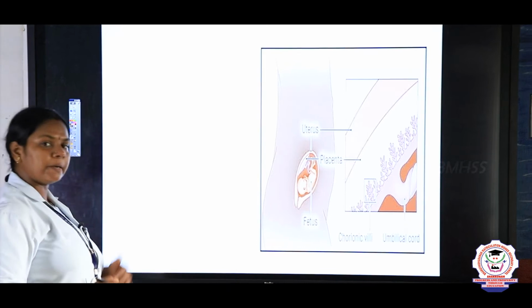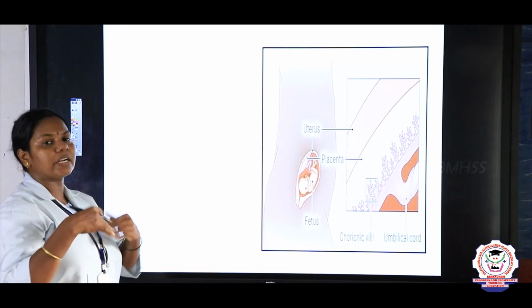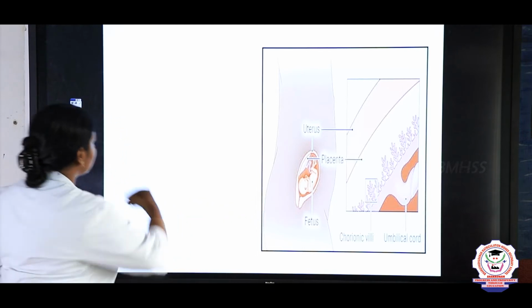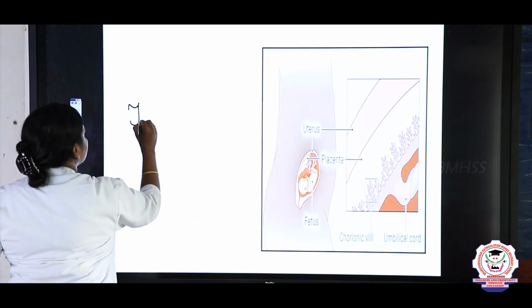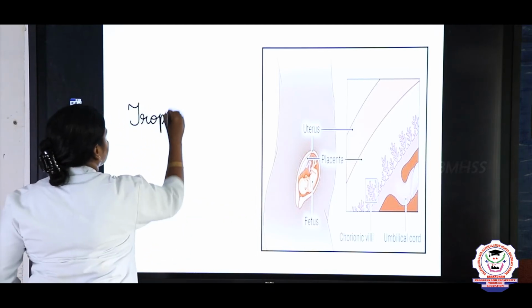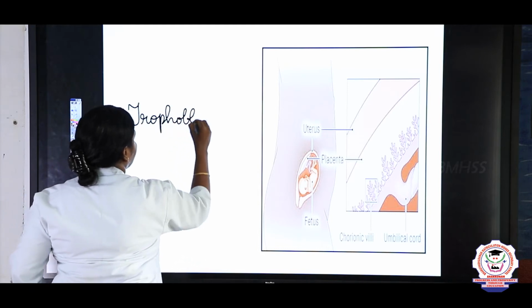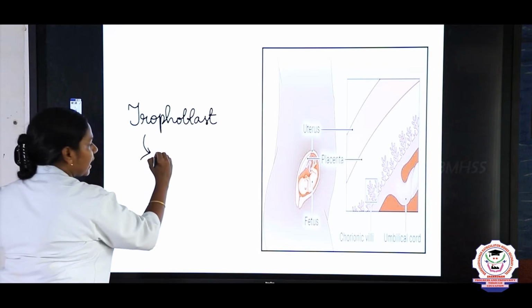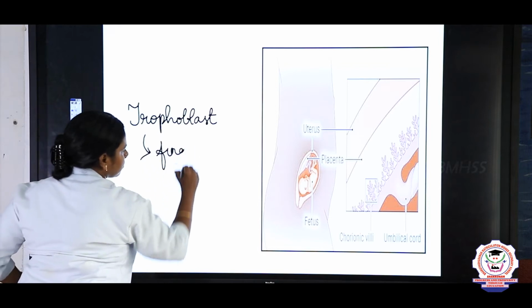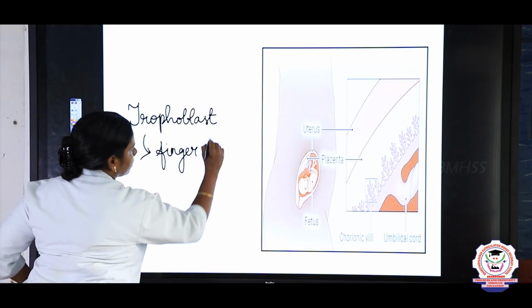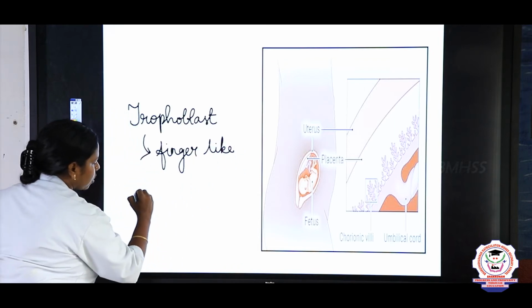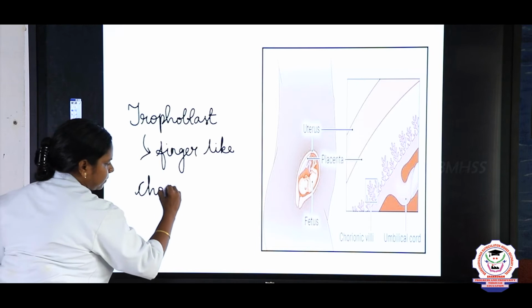We studied, children, that the inner cell mass will differentiate into the embryo and the trophoblast. The trophoblast forms finger-like projections called chorionic villi.